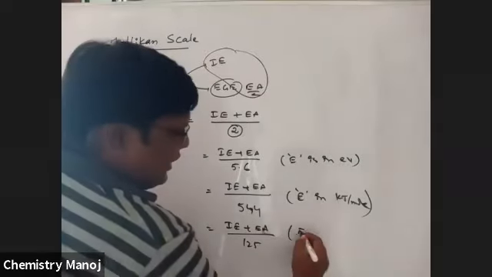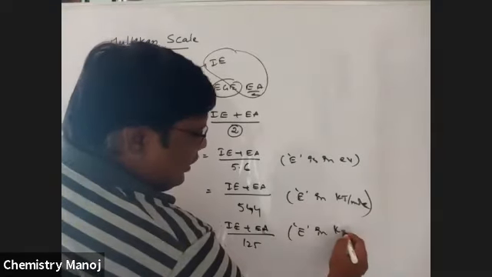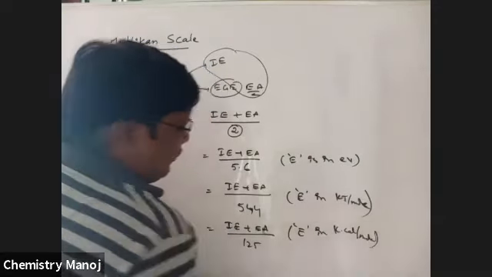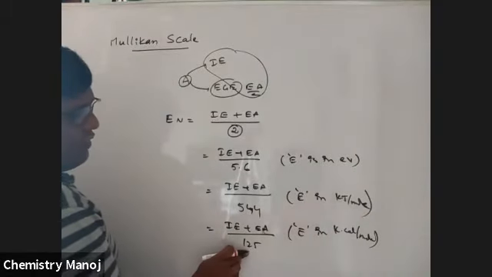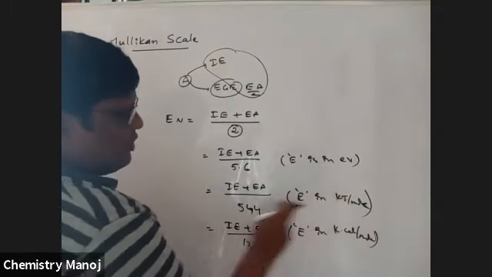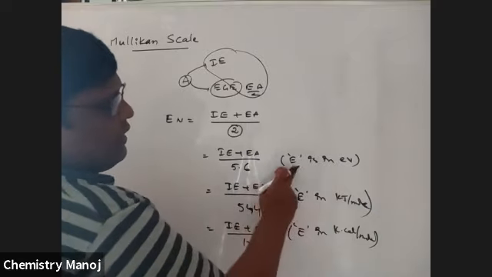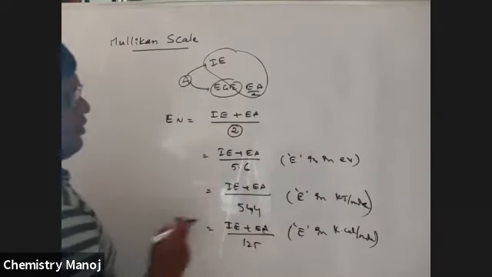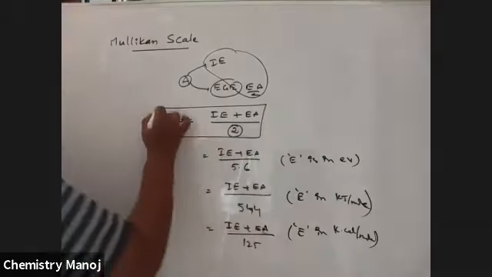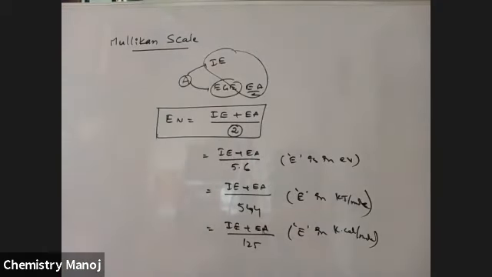If energy is in kilocalorie per mole, it is divided by 125. If energy is in kilojoules, divide by 544. If energy is in electron volts, divide by 5.6. In general, this is the rule. This is the Millikan scale value.